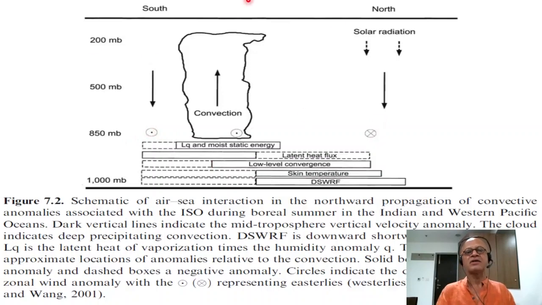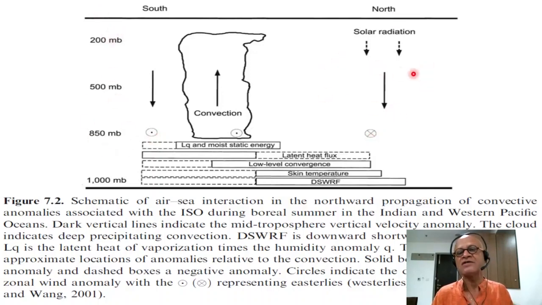So we are looking at the meridional section from south to north because we are looking at northward propagation. So you have winds coming towards you and winds going away from you. So that's the tail of the arrow and head of the arrow here. And this is the vertical scale in pressure coordinate.